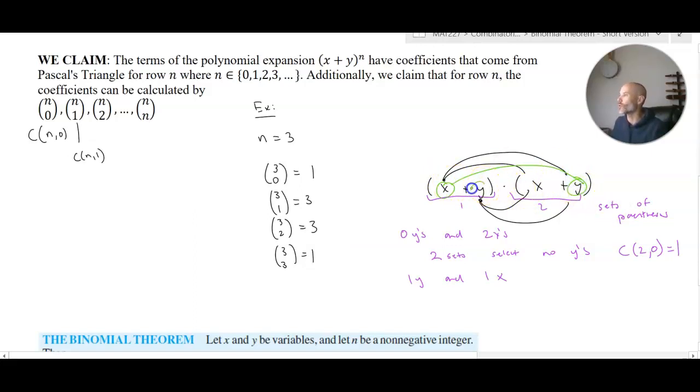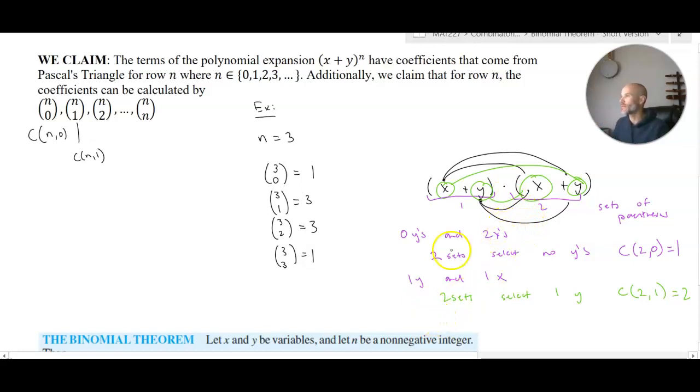Or I could select the y here and pair it with the x over here. So there are 2 ways for me to select 1 x and 1 y. Well, the combination answers that. We have 2 sets, select 1 y, and that answer is 2. So there is our coefficient for that middle term of Pascal's triangle.